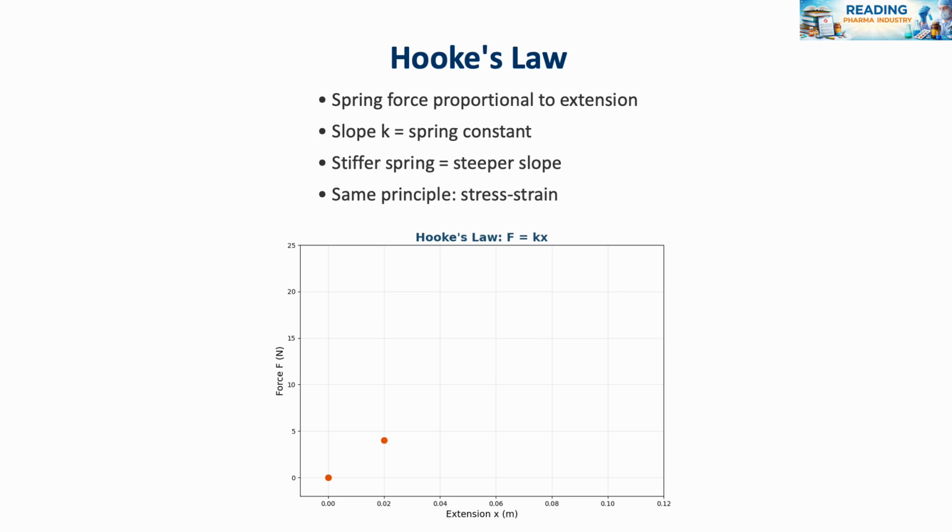The slope of this line is the spring constant K. A stiffer spring has a steeper slope. From this simple linear fit, you have characterized the spring's mechanical properties. The same principle applies to stress-strain curves in materials testing.